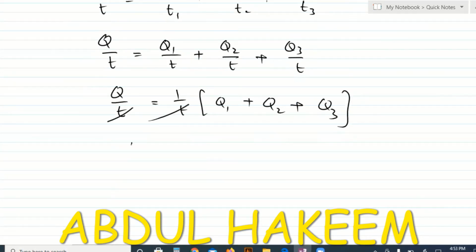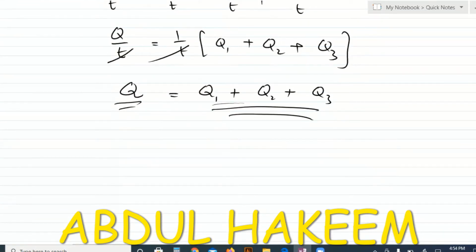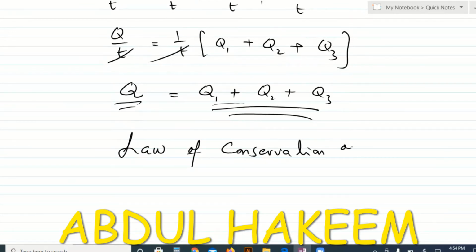So T cancel. So the total charge is equal to Q1 plus Q2 plus Q3. Hence, charges are conserved. Total charge entering is equal to the sum of the charges dividing at the junction. So the Kirchhoff first law is also called law of conservation of charges.